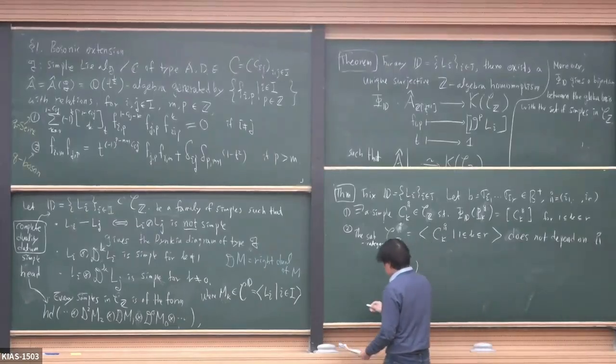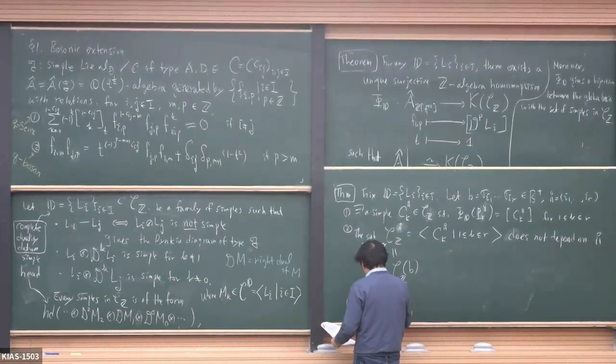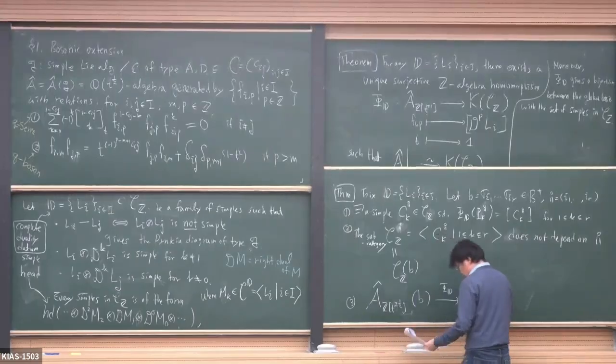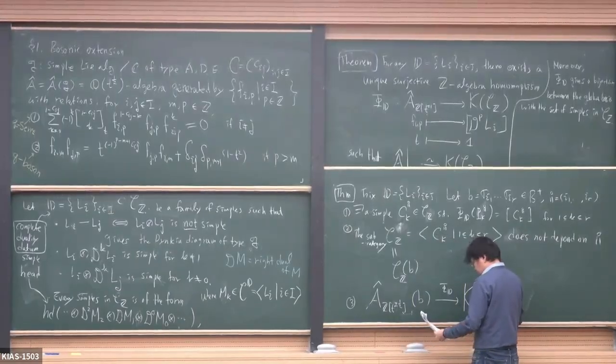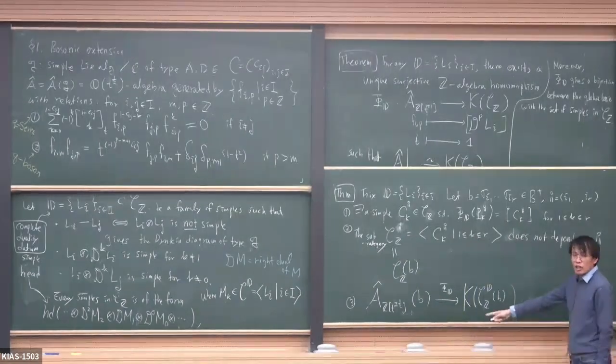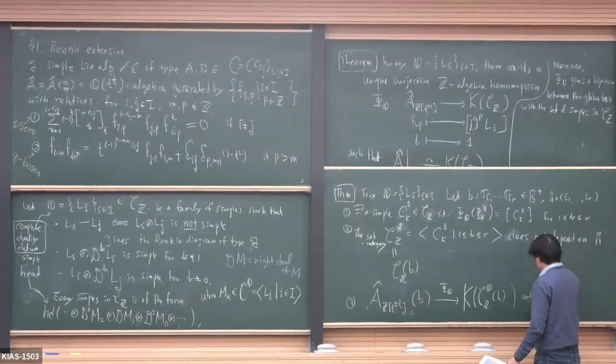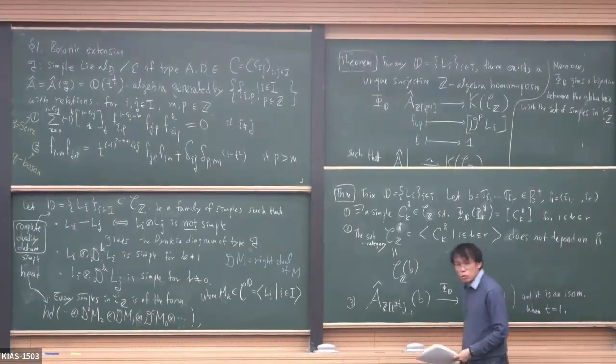And number 3: T to the plus or minus 1/2 hat E is D will give the homomorphism between the Grothendieck ring and the Bosonic extension associated to B. And it is an isomorphism if we specialize T equal 1.